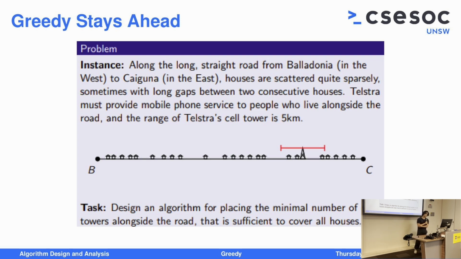Telstra must provide mobile phone service to people who live alongside the road, and the range of Telstra's cell tower is 5 kilometers, a radius of 5 kilometers. Our task is to design an algorithm for placing the minimal number of towers alongside the road that is sufficient to cover all houses. What is the greedy algorithm in this case?